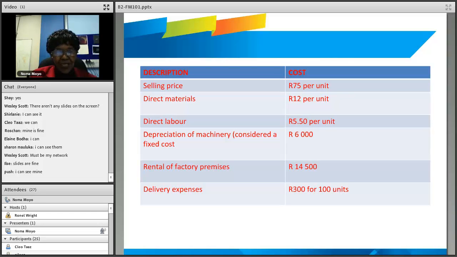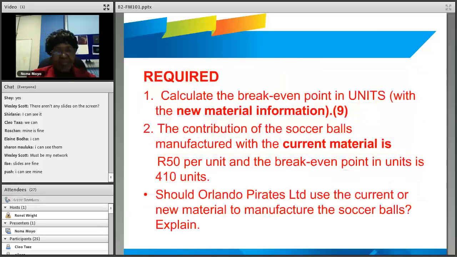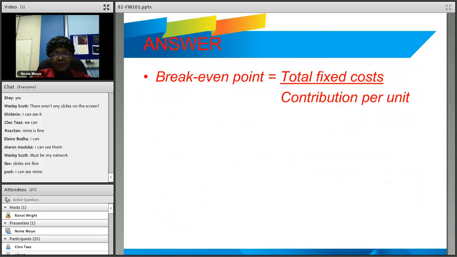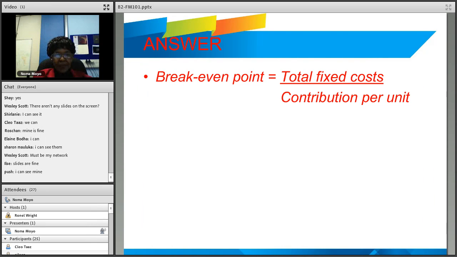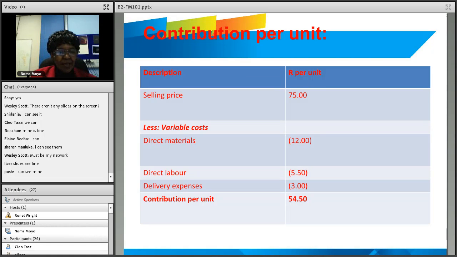We know that direct material is a variable cost, direct labor is a variable cost. That's the formula: total fixed cost over contribution per unit. Contribution per unit is marginal income per unit.